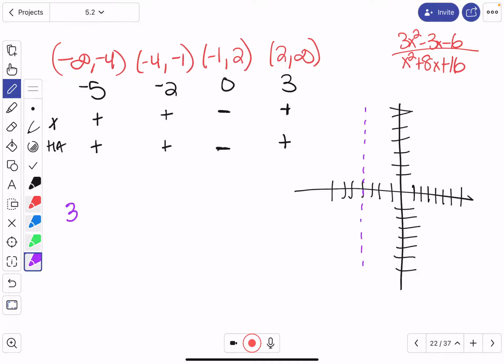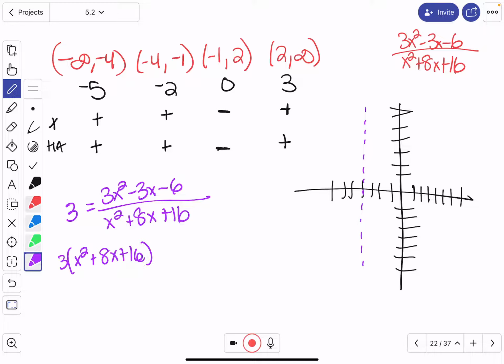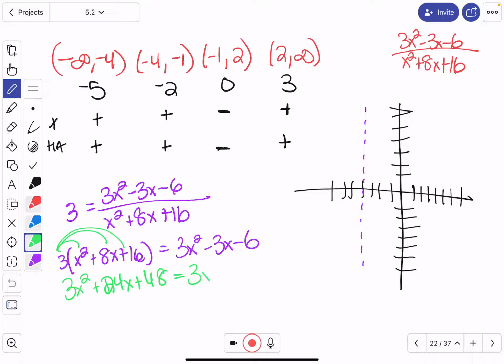I'm going to plug 3 into the equation for the equal sign. Multiply both sides by the denominator. Distribute. And then combine like terms.